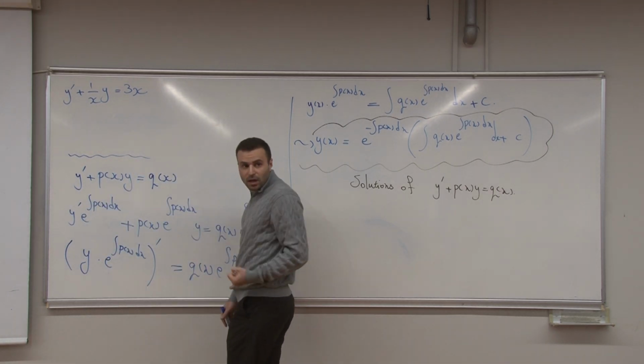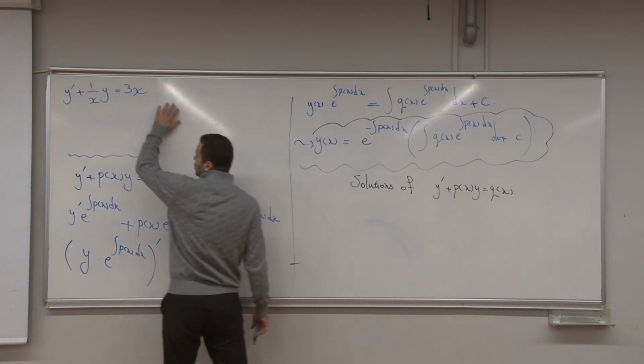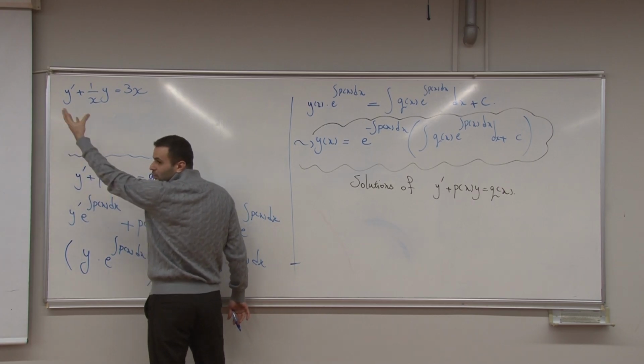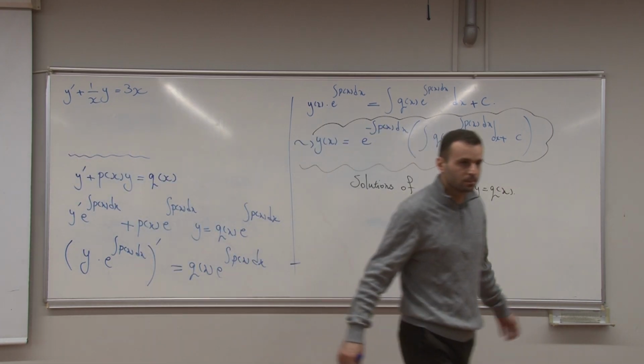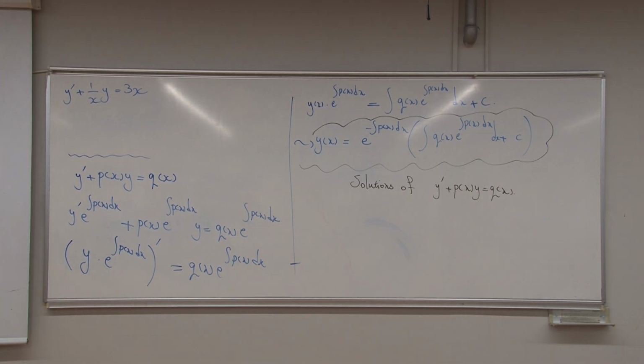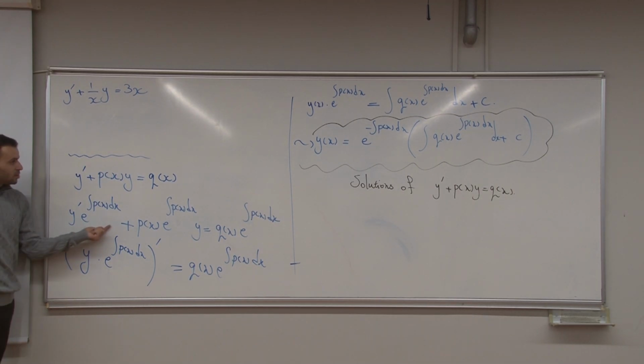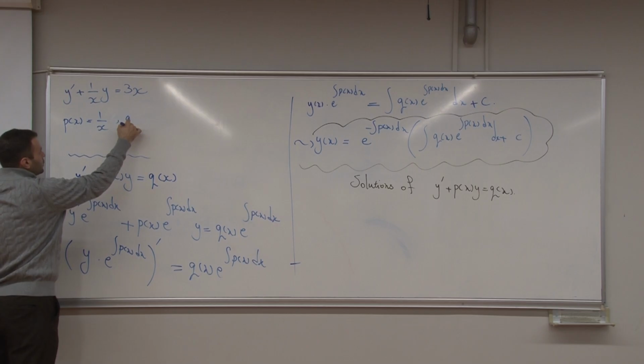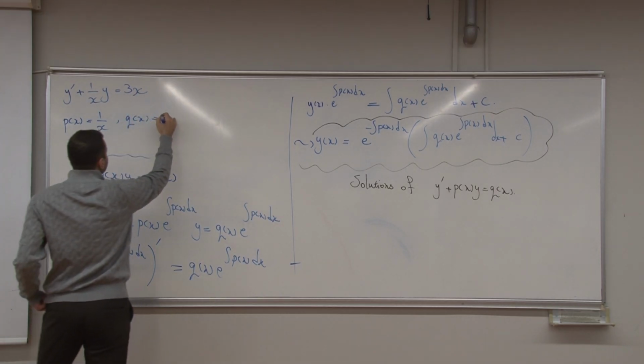With what should I multiply this equation such that this becomes the derivative of a multiplication of two functions? We need this, right? Here, what is our p of x? 1 divided by x.